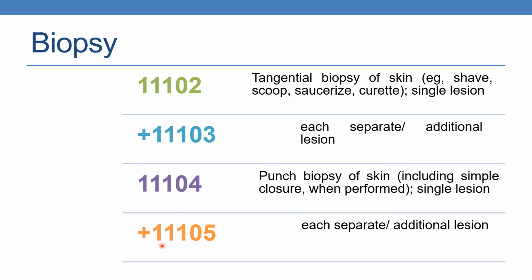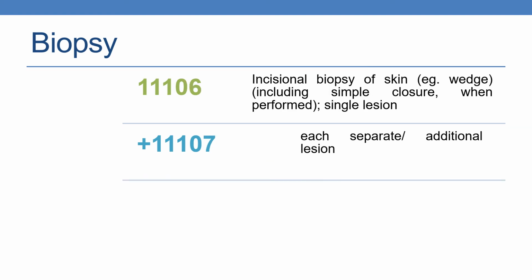The next is add-on code plus 11105, punch biopsy of skin, each separate or additional lesion. The next CPT is 11106, incisional biopsy of skin, example wedge, including simple closure when performed, single lesion. The next is add-on code plus 11107, incisional biopsy of skin, simple closure, each separate or additional lesion.